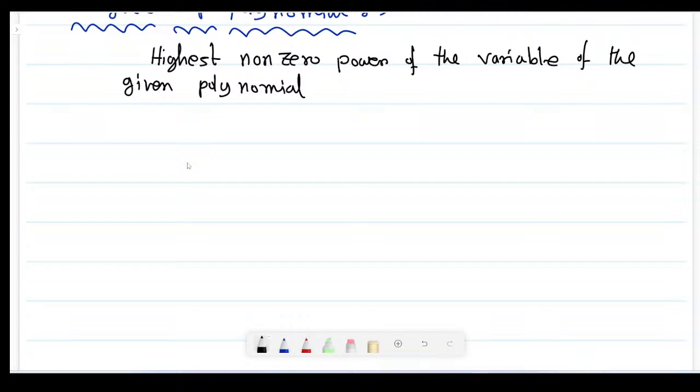Now if you give me a polynomial like 4x plus 5x to the power 3 plus 7x to the power 10, we can see that in these terms the highest power of the variable x is 10.